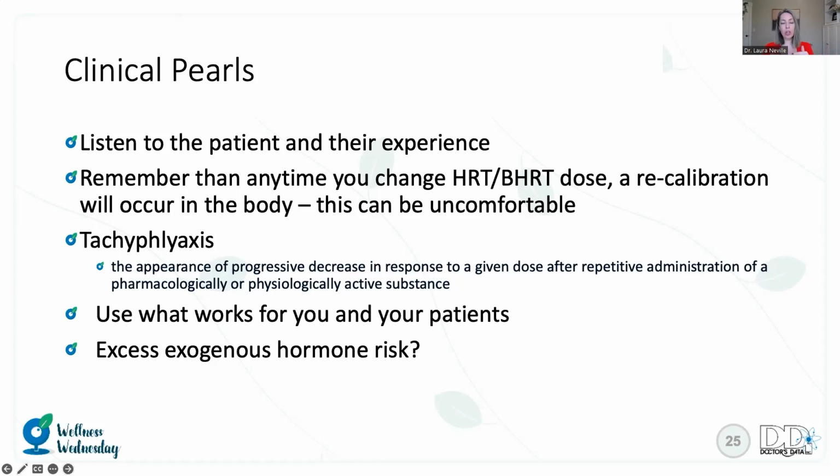Anytime you change an HRT or BHRT dose, the body somewhat has to recalibrate, right? And that can be uncomfortable. I see this a lot when patients come to me: they've been really overdosed with hormone replacement, because maybe a physician was using a transdermal therapy and tracking serum, trying to get those levels to rise. So they've been overdosed, but then when we drop their dose slightly, they have hot flashes, night sweats, this discomfort.